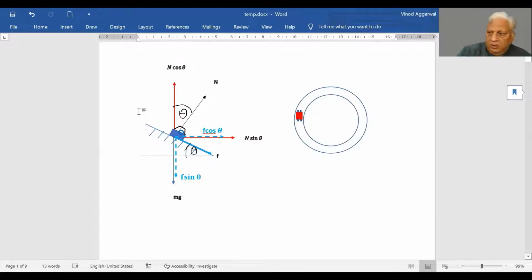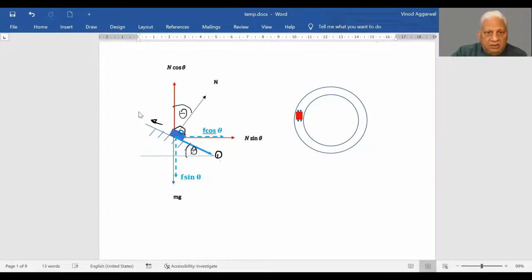That means it will try to throw the car in this direction. But if it starts to throw the car in this direction, there's a frictional force which will act opposite to it, and it will oppose it. So this frictional force will try to avoid your skidding, that means going outwards.